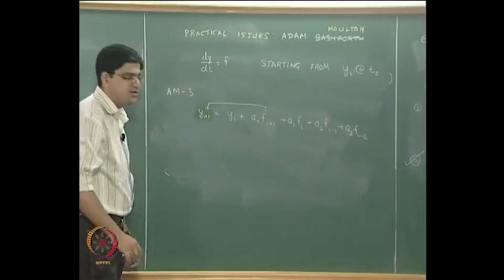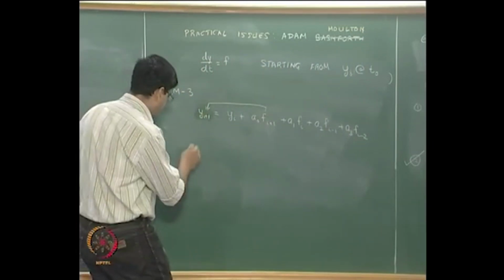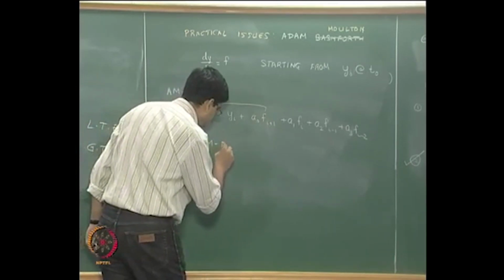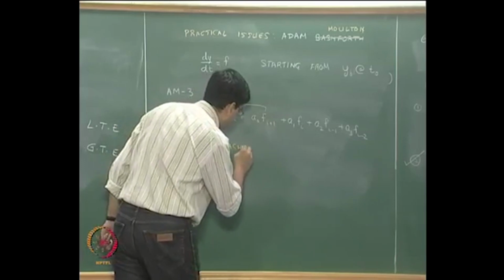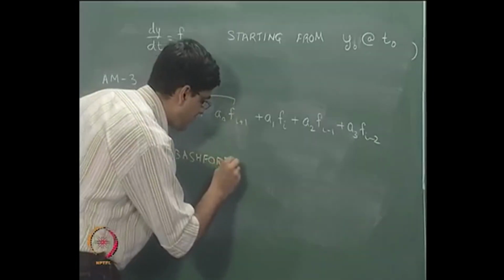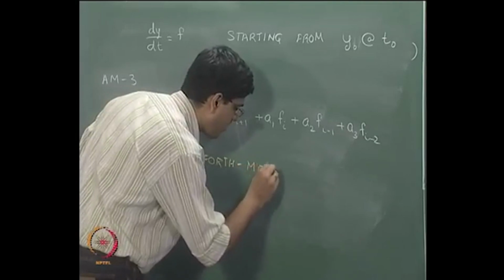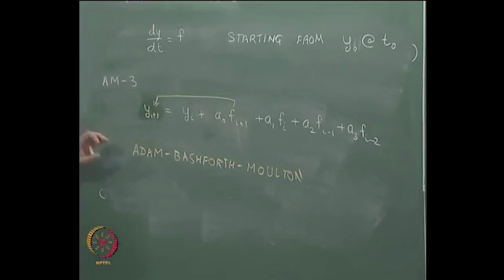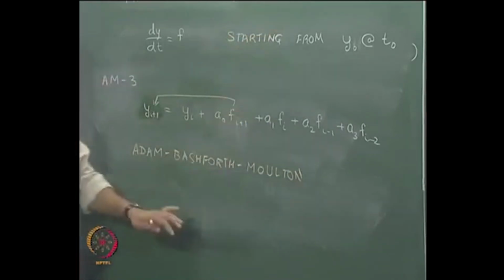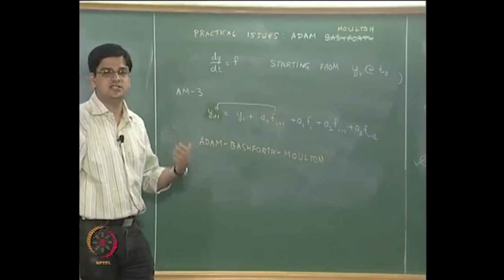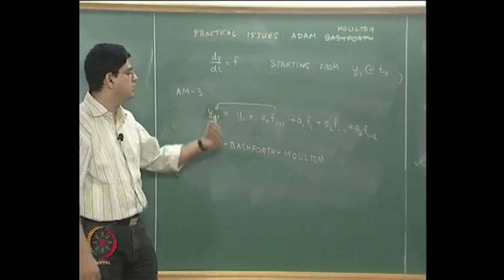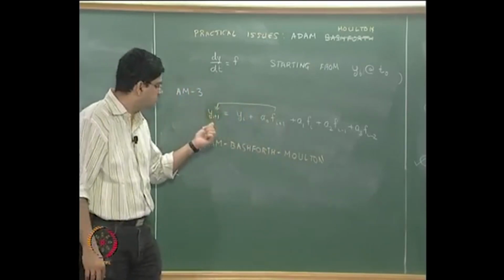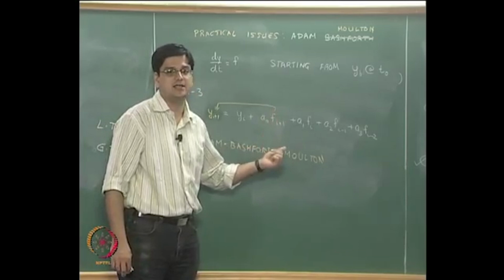Okay. And finally we come to the last technique, and that is known as the Adams-Bashforth-Moulton method. The relationship between Adams-Moulton and Adams-Bashforth method is the same as the relationship between the predictor-corrector Heun's method and the implicit Crank-Nicolson method.